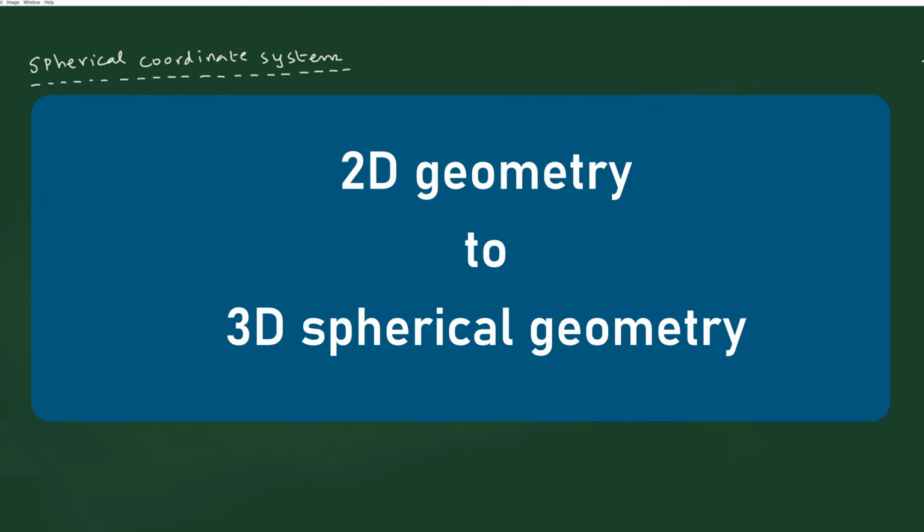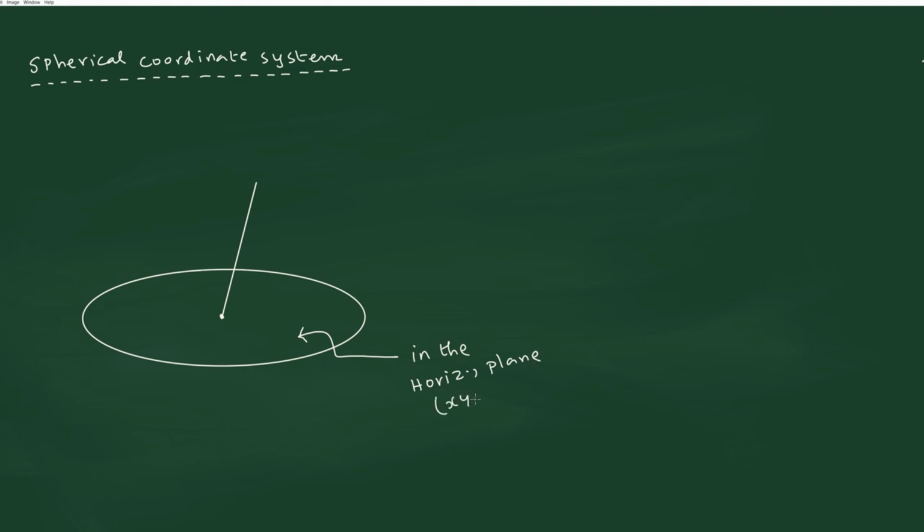This particular circle is in the xy plane, or we say that it is the horizontal plane. Generally the horizontal plane is known as the xy plane in the Cartesian system, which means that you can assume that there is an x-axis here and a y-axis here. So x and y are on these two lines. Suppose you put a torch light here and shine the light vertically down in this direction.